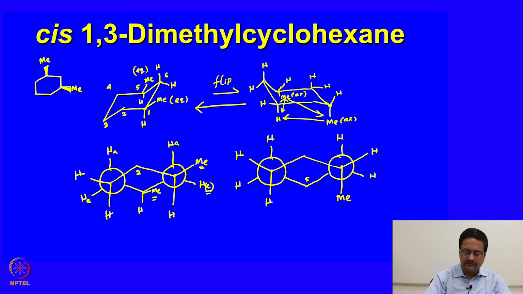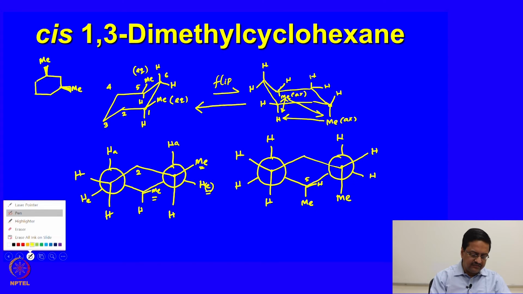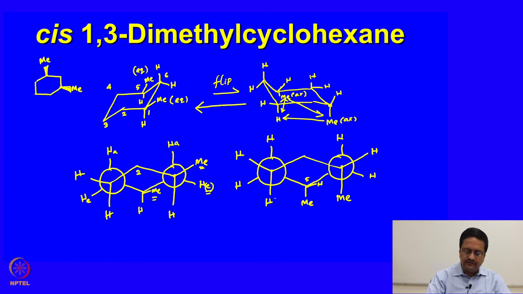And in this 5, we have a methyl group downwards and the hydrogen upwards in the backside direction. So it is very clearly seen here that these groups are very close and they interact through 1,3 diaxial interactions, and hence this is less stable.